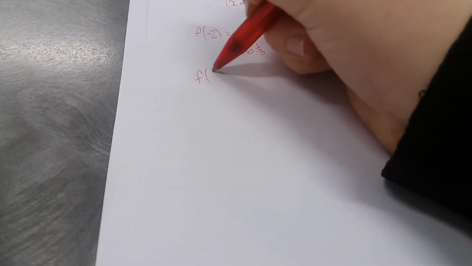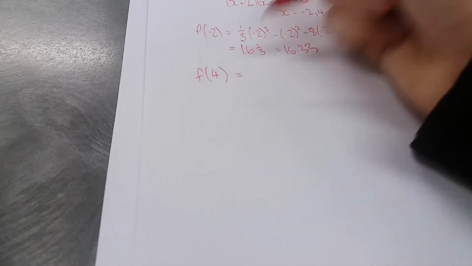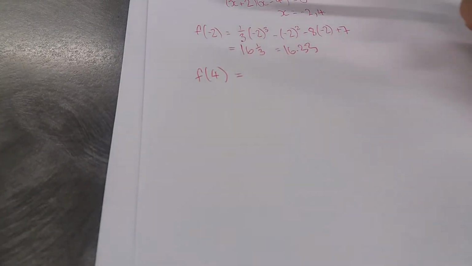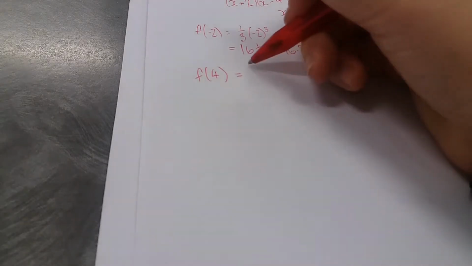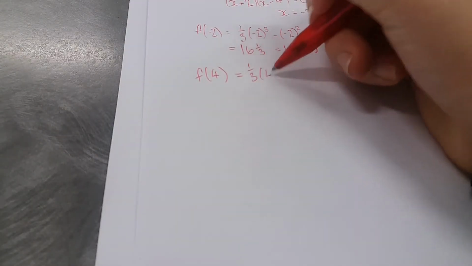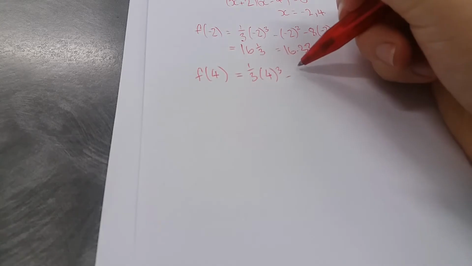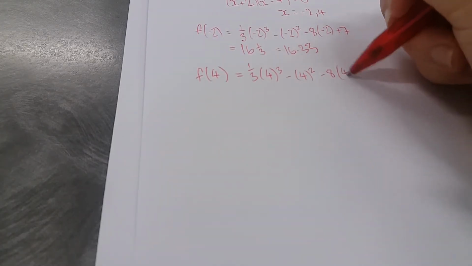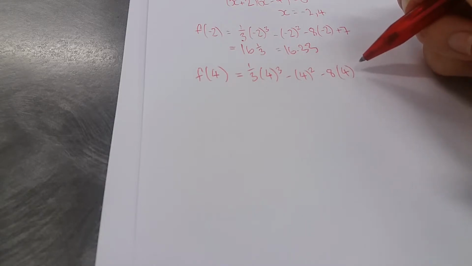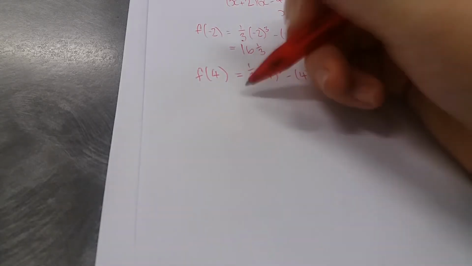Okay, do the same thing for the next one. Function value at 4 is 1/3 times 4 cubed minus 4 squared minus 8 times 4 plus 7.